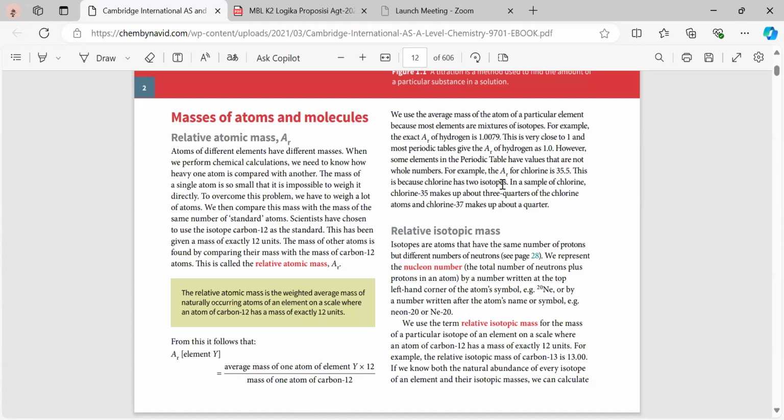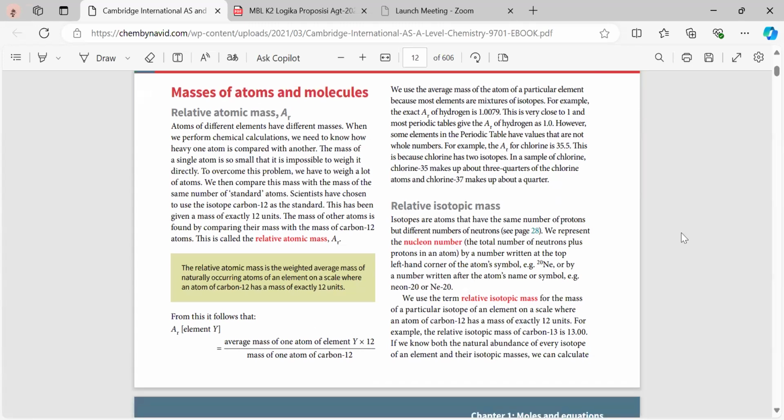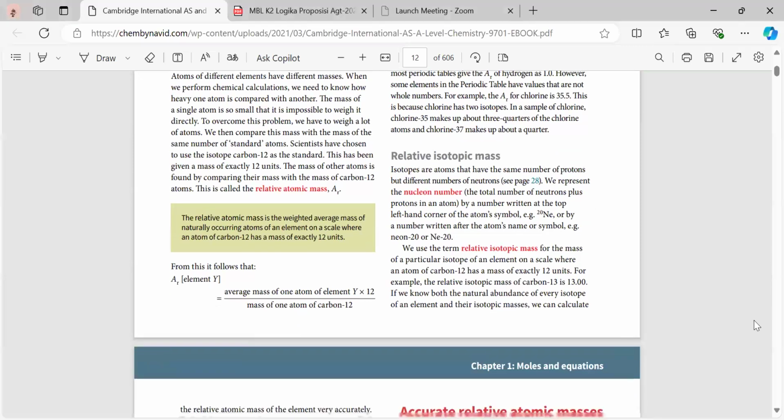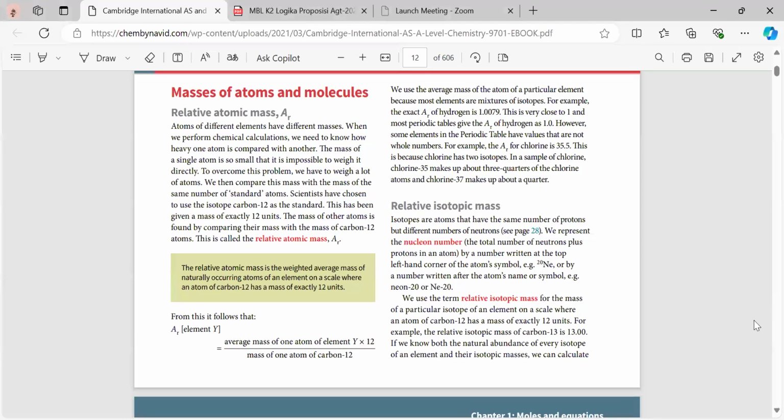This is an example of when you use the average mass of an atom. So that's pretty much about AR.